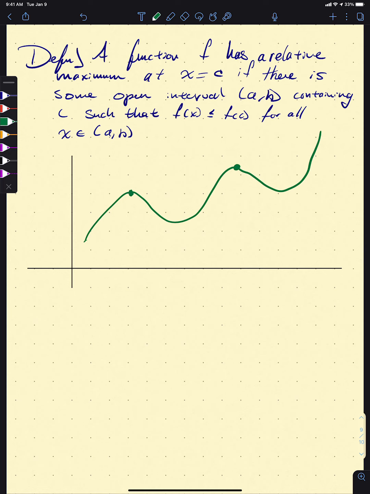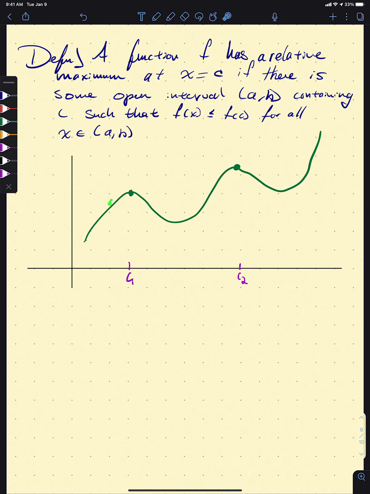And what our definition is saying is that around each of these, say we'll call this c1 and this c2, I can find some interval around it where it's bigger than everything else. That's what this is saying, that everything else in that interval is less than or equal to, say, f of c1. And it seems like we can do that.